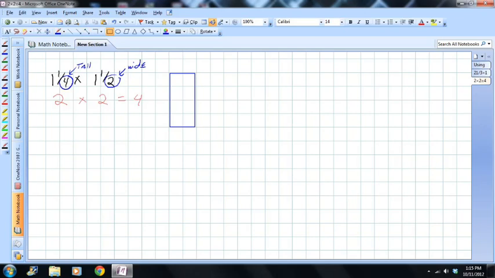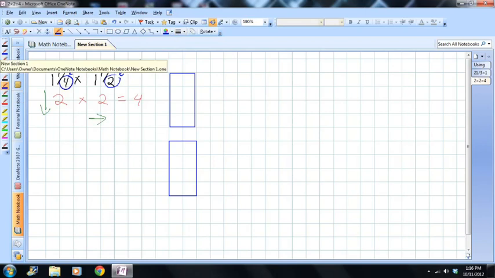Four units tall, 2 units wide. But remember, I need 4 rectangles. So I want 2 of them going down this way, and then going across will be my other 2. All right, 4 units tall, 2 units wide.